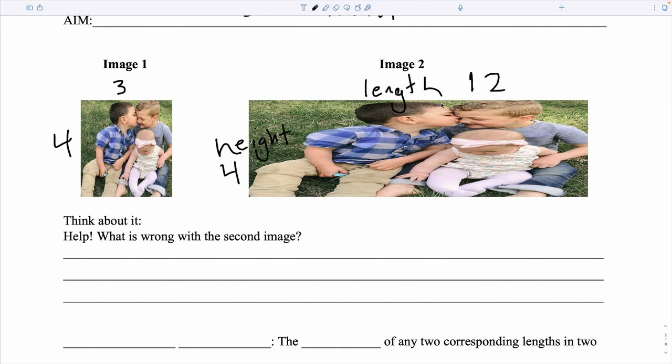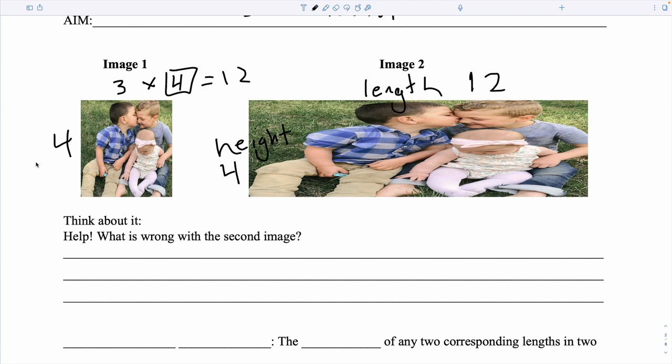Behind the scenes of your computer, there are all these algorithms telling the computer what to do. And this scale factor from 3 to 12 was a scale factor of 4. So to get from 3 to 12, it'd be 4 multiplied by 3.